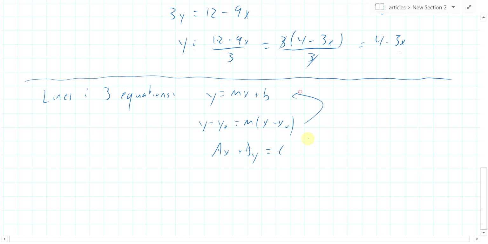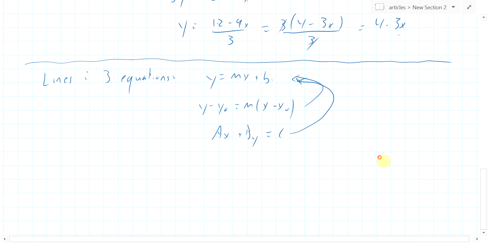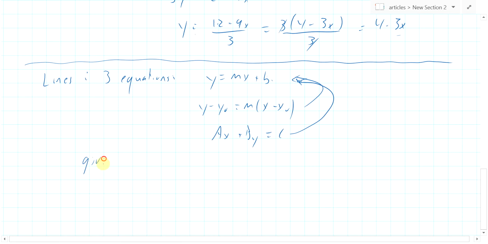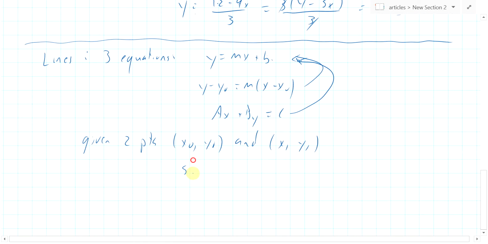I can solve these two to get that. Once I turn one of these two into that, that tells me what the slope is and tells me what the y-intercept is. Given 2 points on a line, x0, y0, and x1, y1, we can always find the slope.